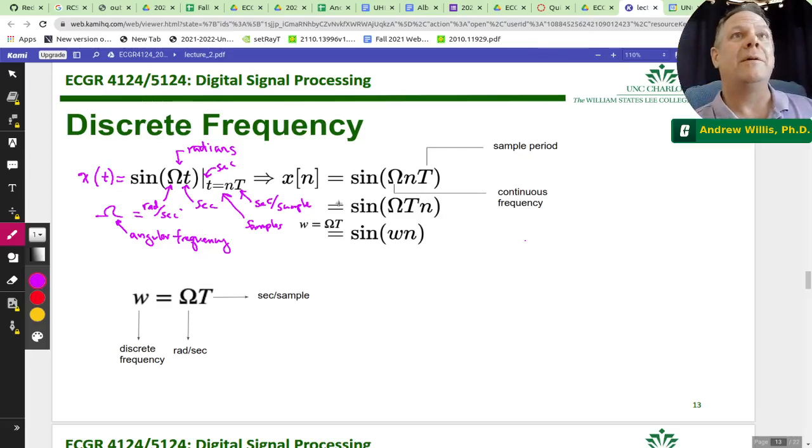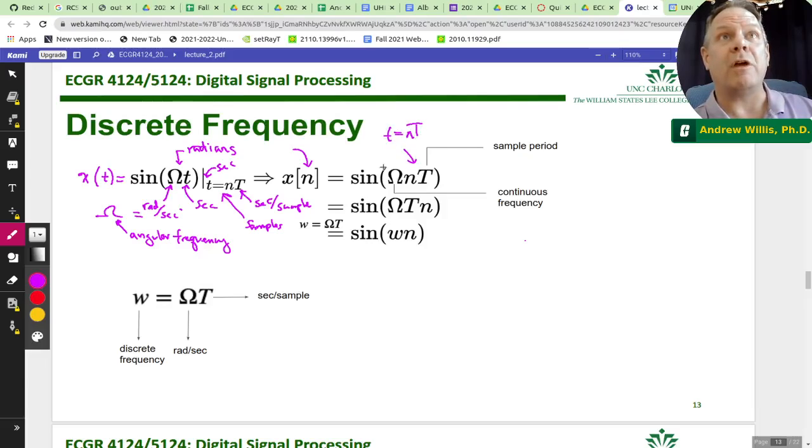So we make this substitution and we sample our signal, and we generate the discrete signal with the integer index n. Now, this is our new equation: sine of omega, and in place of t, we've substituted t equal to nT.